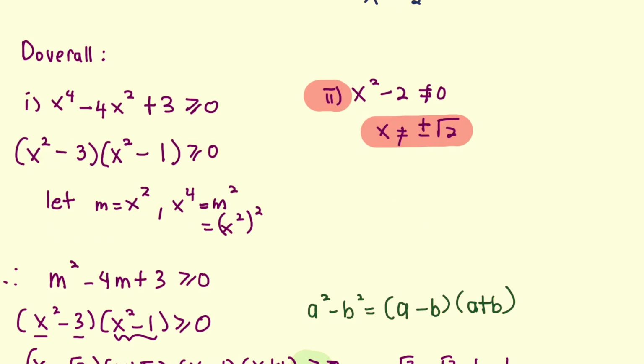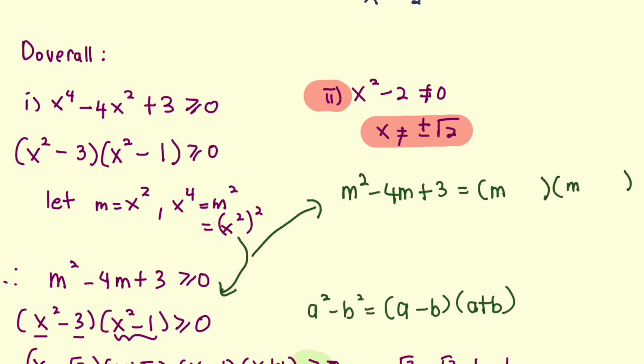Now, just now I didn't show you what I did here. If you factorize m squared minus 4m plus 3, you can put it in factored form. You can use your calculator: m times m, 3 and 1, both negative.